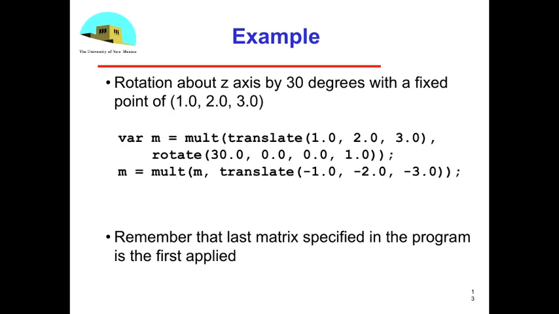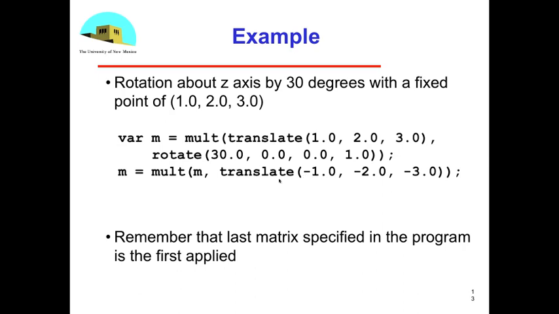I could actually write this all in one line. I think it's a little less confusing. So you're going to multiply together a translation by 1, 2, and 3 times a rotation of 30 degrees about the z-axis, or this could have simply been rotateZ 30. And then we have a multiplication of that matrix we created times a translation by -1, -2, -3. And remember, here again is the last one specified as the first applied.